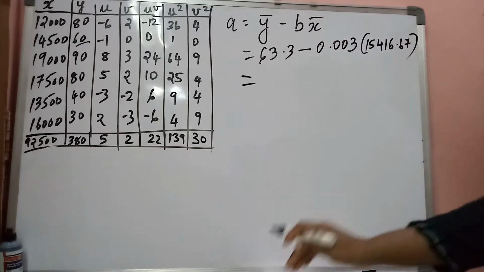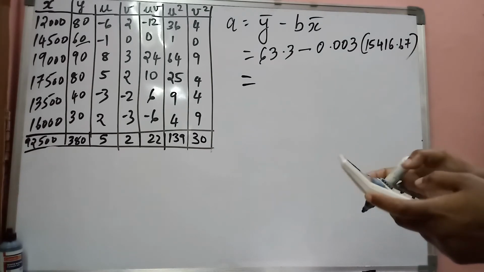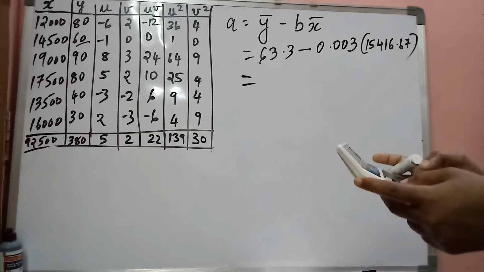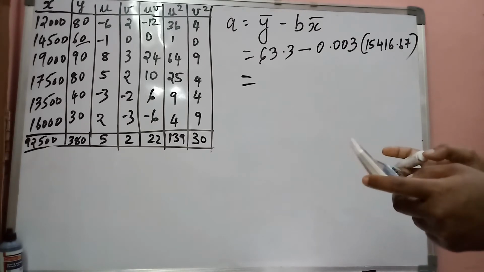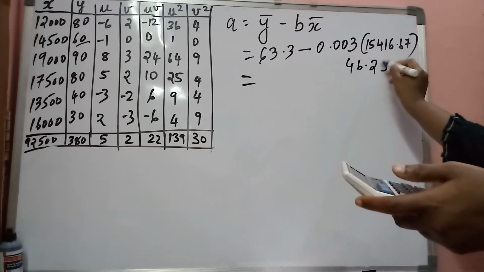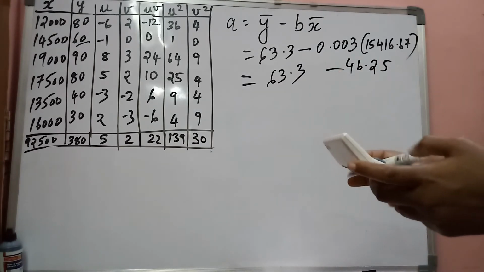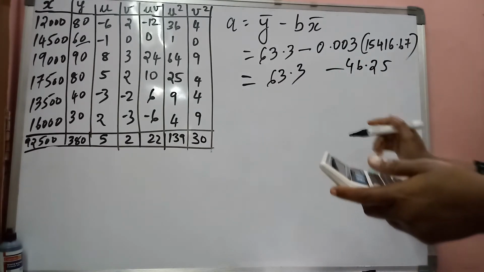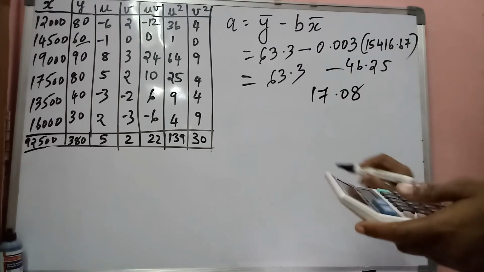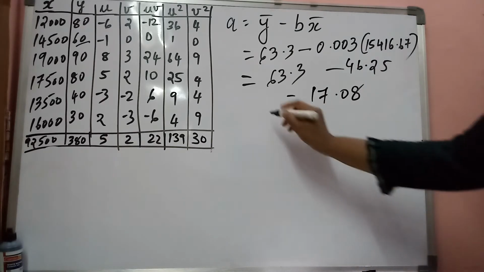Then after calculating, 0.003 multiplied by 15416.67 would be like this, 46.25. Then you have to deduct it. So after deducting, it would be 17.08. Clear? So this is my answer. This is my A.